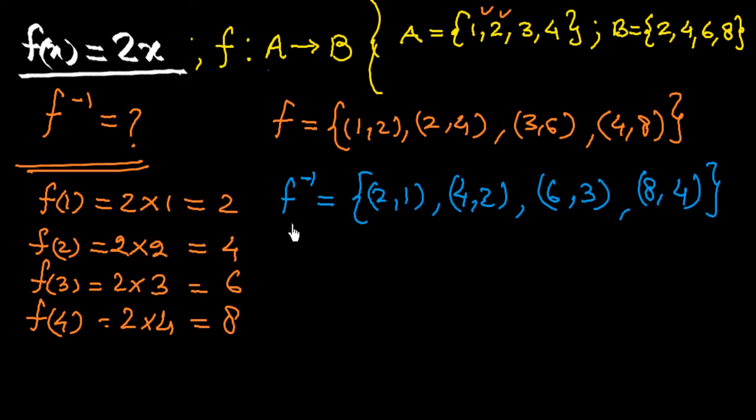Now I would like to tell you something more about some other sorts of functions. If any function is given to us and we have to find its inverse, what will we do? Now we take one example. Suppose we have a function f of x equal to 3x minus 7.